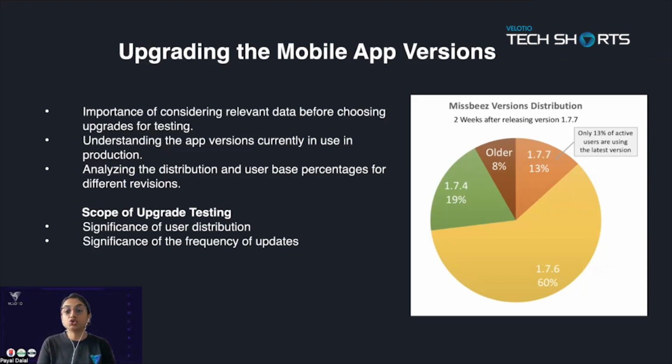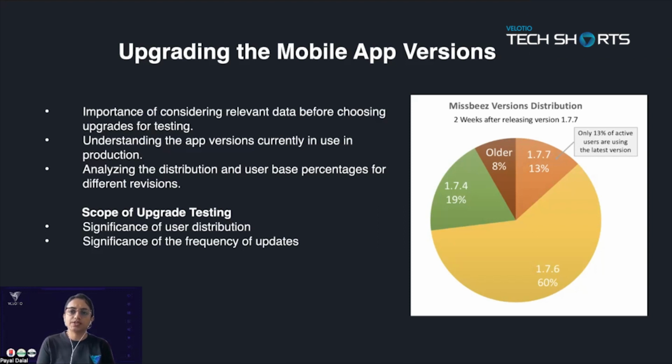But still the majority of the user base is on version 1.7.6 and only a few percentage are still on the previous version, which is 1.7.4. Your focus should be on version 1.7.4, version 1.7.6 and version 1.7.7 while considering your testing. So this is the user distribution across the different app versions.